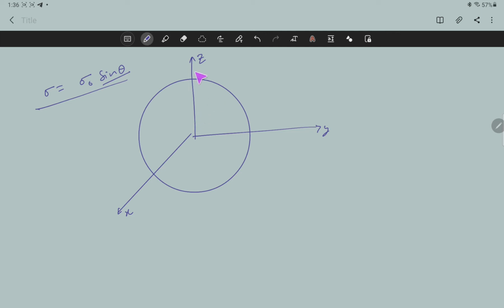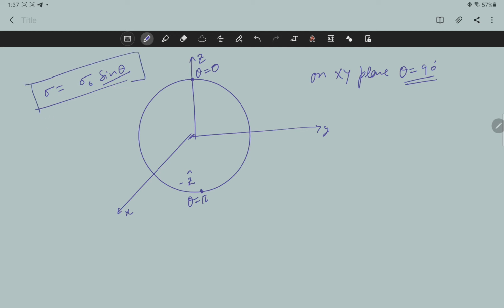Theta equals 0 at the z axis, and theta will be pi in the opposite minus z direction. So here theta will be pi, and here theta will be 0. On the xy plane, theta will be 90 degrees. Okay, so the charge density is given like this.